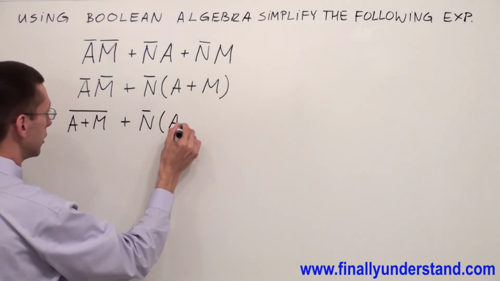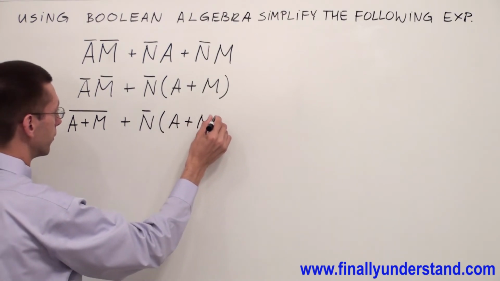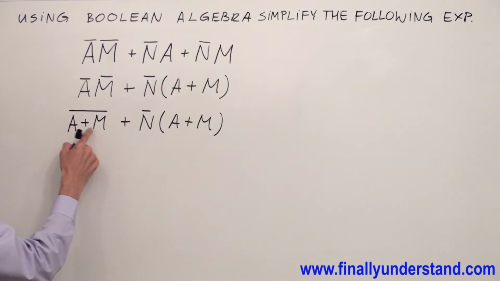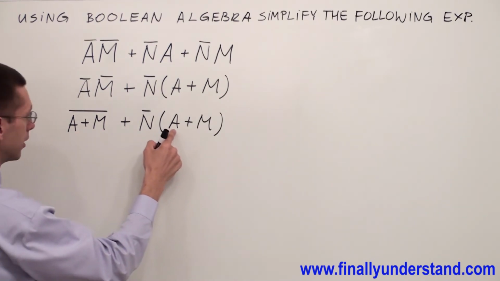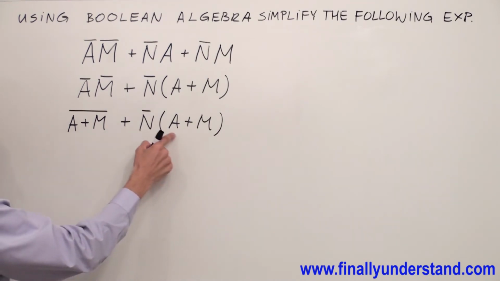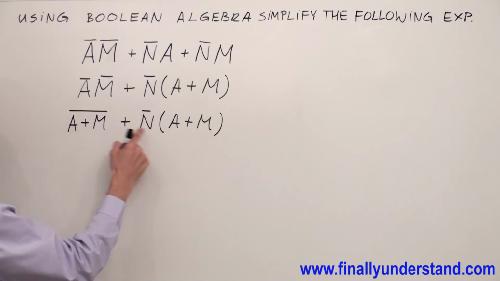So I have A or M. You will see that I have a NOR gate and I have an OR gate.